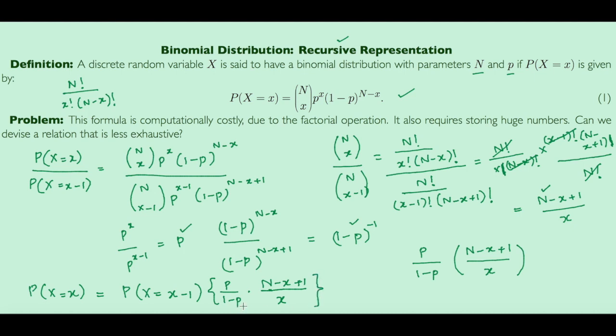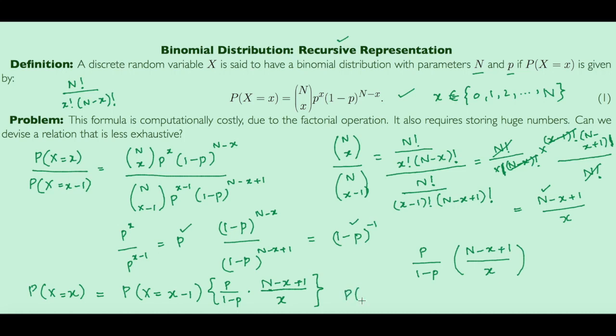This means we can define every next probability in terms of the previous probability times something, but we need an initial condition. What is the range of x? X is in the range 0, 1, 2, up to n.